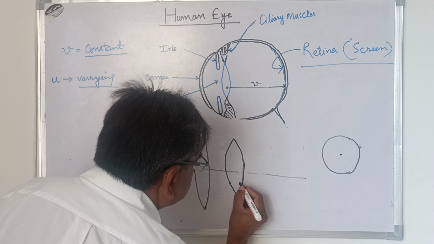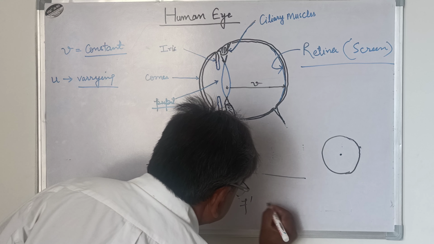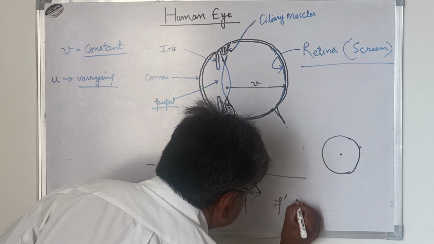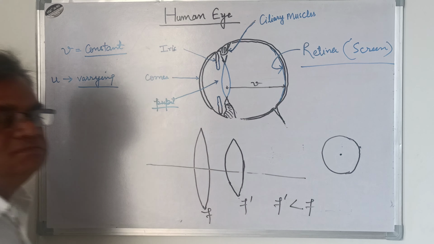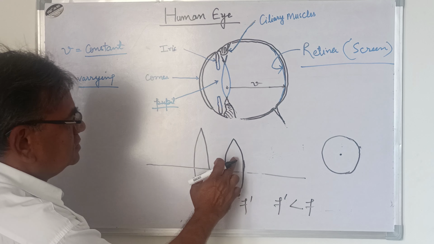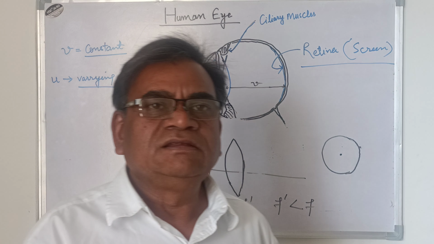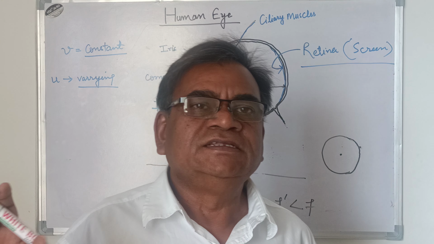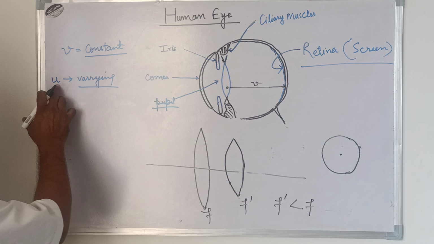The focal length becomes f dash; here it is f. Now the relation is f dash is less than f. In this way, the shape of the lens keeps changing according to the value of u.